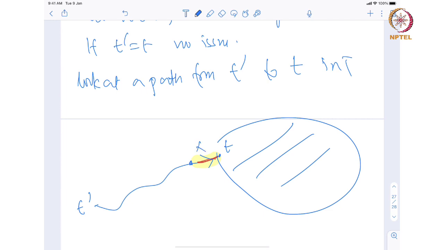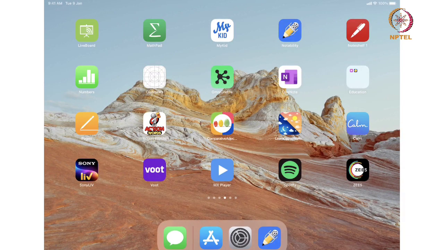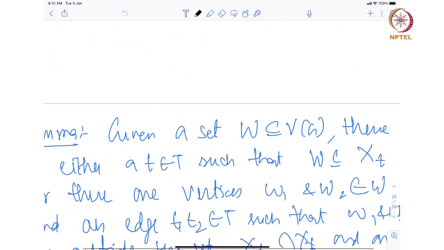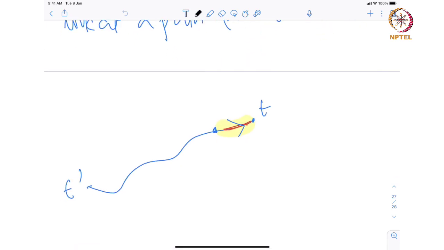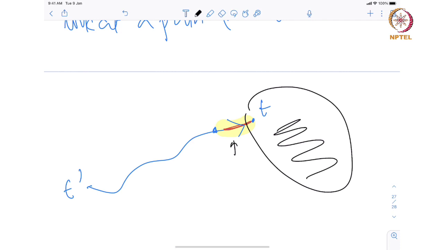If you delete this edge and look at the tree here, let me draw better.